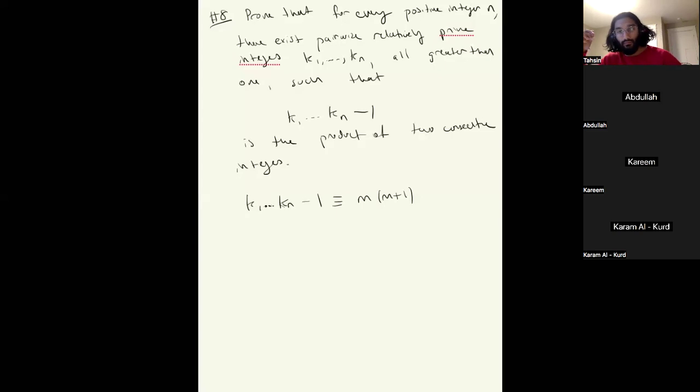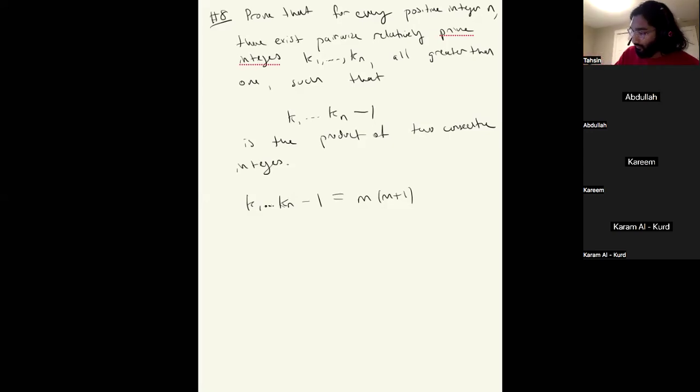Yeah, we can think of it as finding a number m such that m times m plus 1 is congruent to minus 1 mod n or more primes.